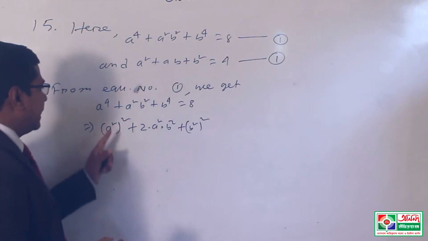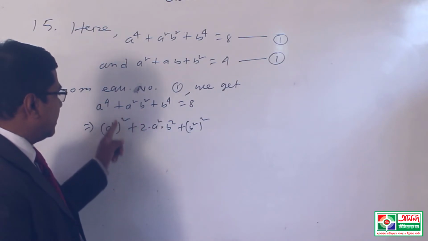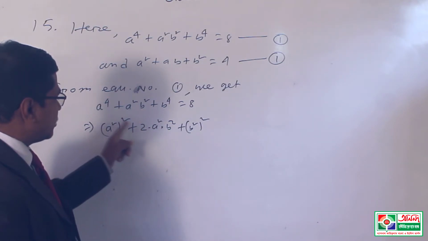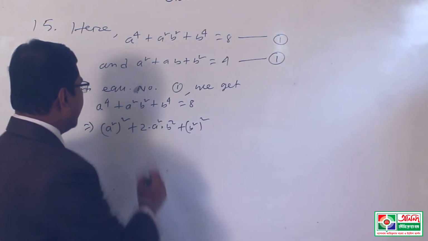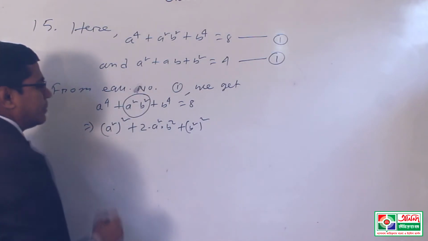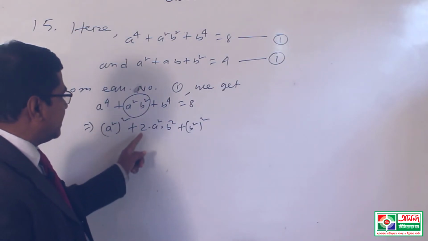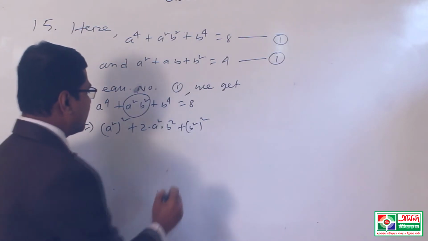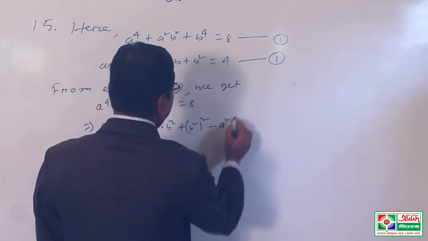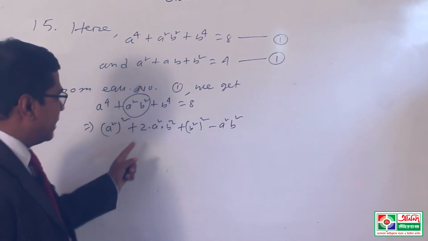Here look at, here a is a square and b is b square, and we can form this a square whole square plus 2 into a square into b square plus b square whole square. But look at here, only the middle term is a square b square, but we have written 2 into a square b square. So you can subtract a square b square, and it will be balanced.